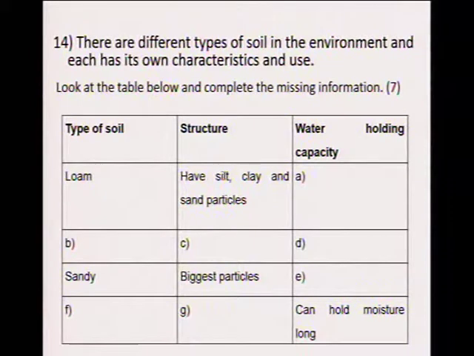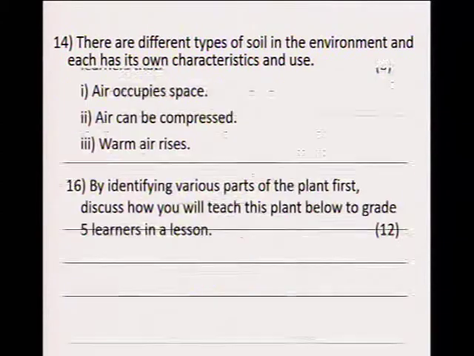That type of soil that is supposed to be B, you have to describe it in terms of structure and water holding capacity. Here you have 7 marks, and you have A, B, C, D, E, F, and G to fill in. You only need to fill in the missing information. I hope I made it clear.